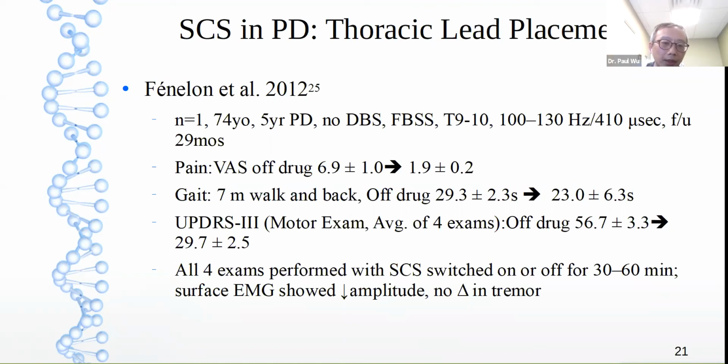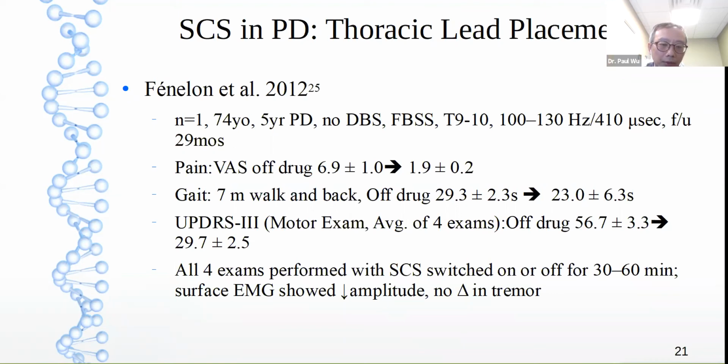In terms of pain results, the pain improved from 6.9 to 1.9. His gait was able to improve in a 7 meter walk, and you can see off the drug, meaning levodopa, it went from 29.3 to 23 seconds.